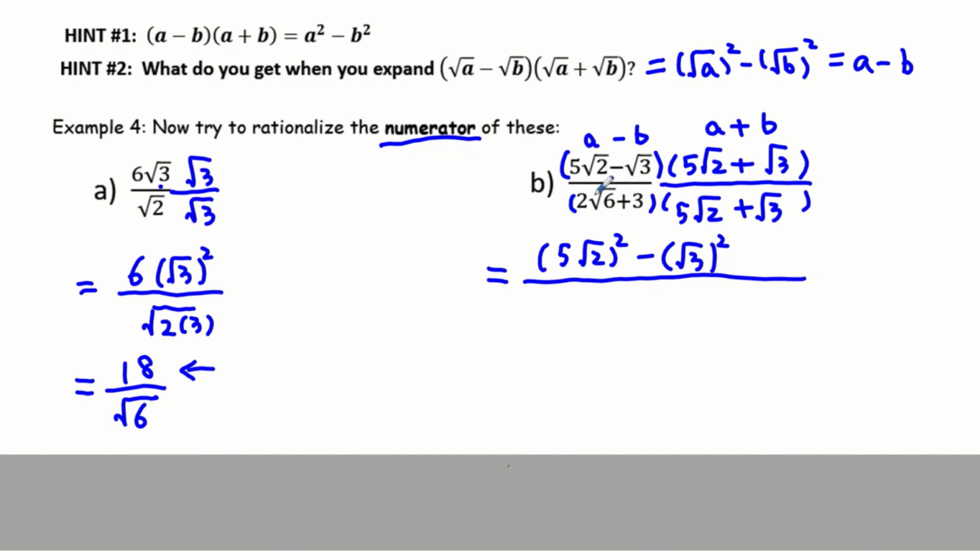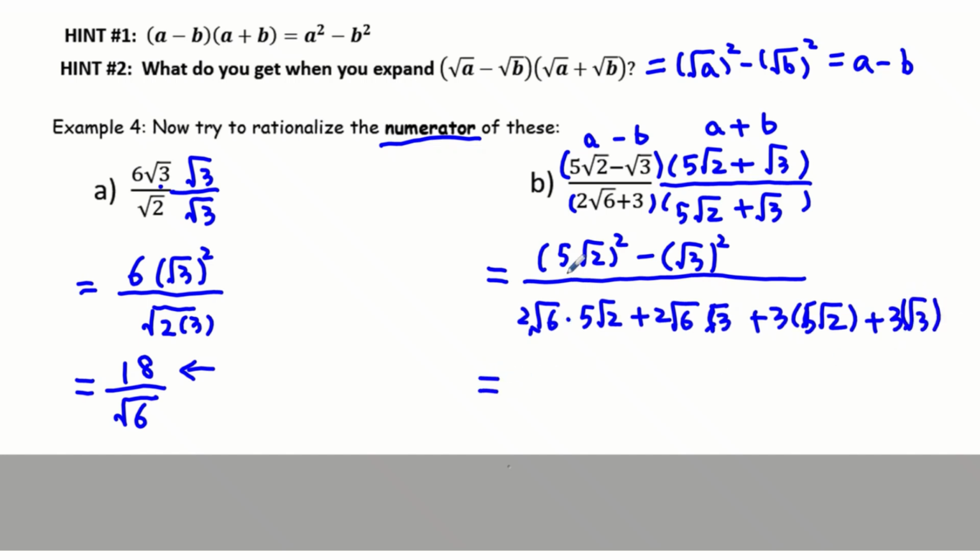So 2 square root 6 times each term. So 2 square root 6, first term, times each term in the second bracket. Square root 3, okay. Then plus 3 times each term in the second bracket. Plus 3 times square root 3, okay.